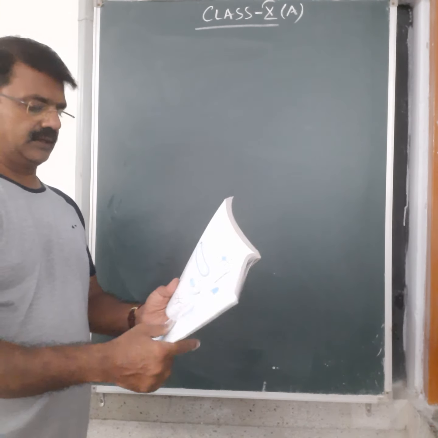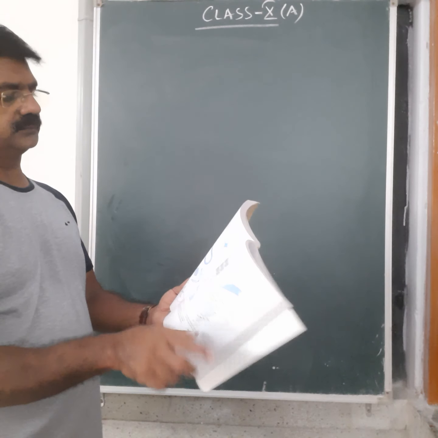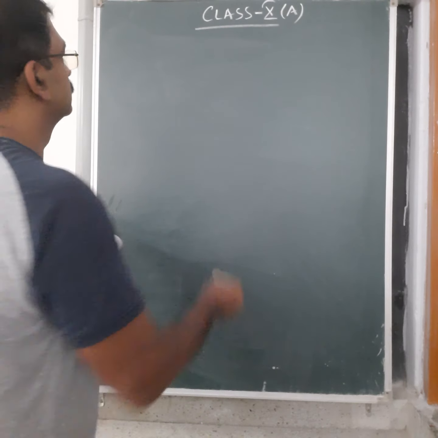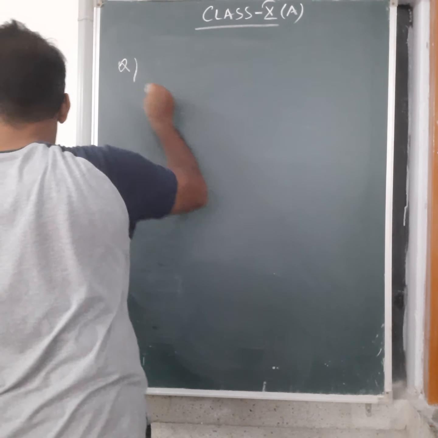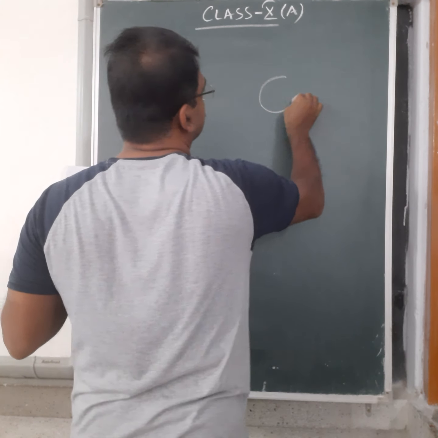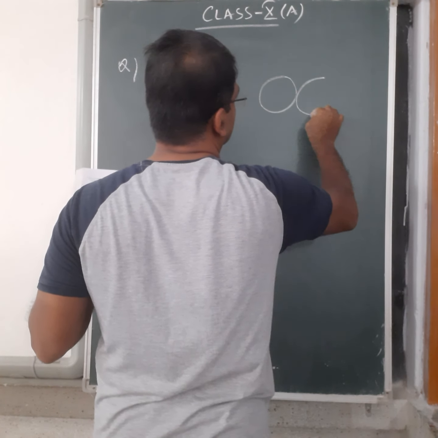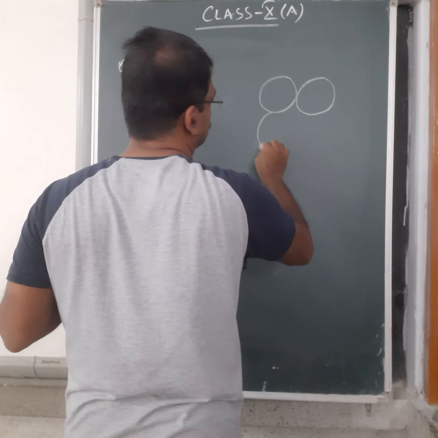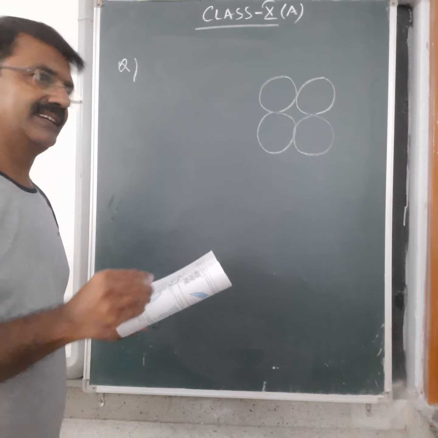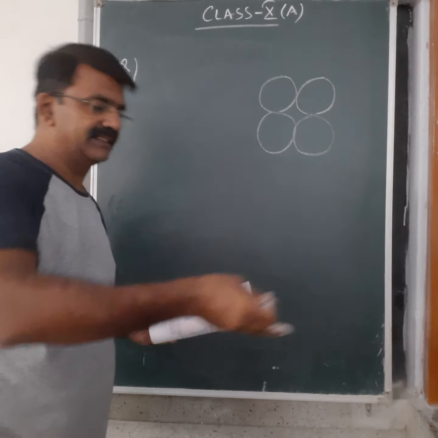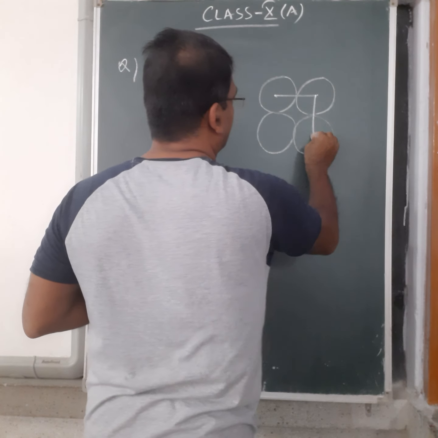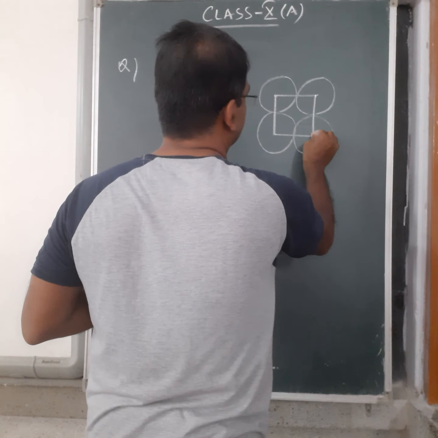Now we will do one more question. In the next question, there is a square of side 14 centimeter.